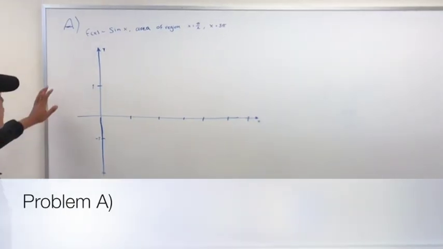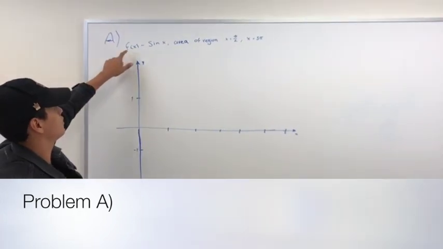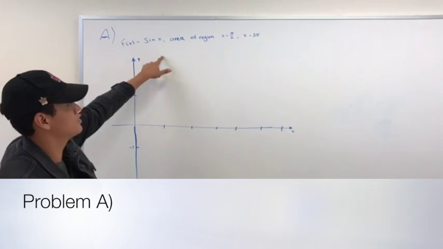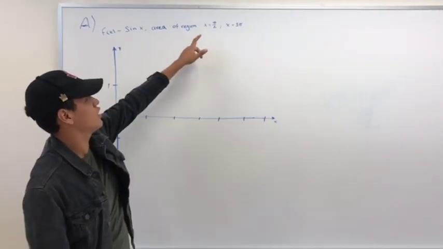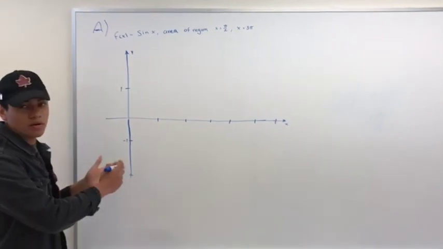So now we're gonna solve problem A, which is asking us to get the area of the function f of x, which is sine of x, between the region x equal to pi over 2 and x equal to 3 pi. So now we're gonna graph.